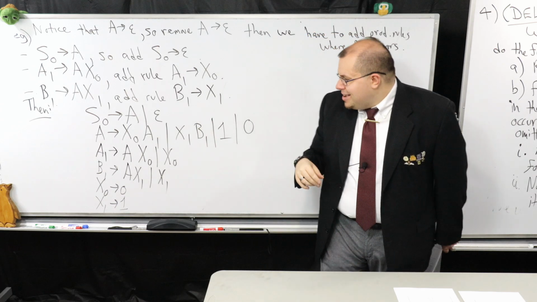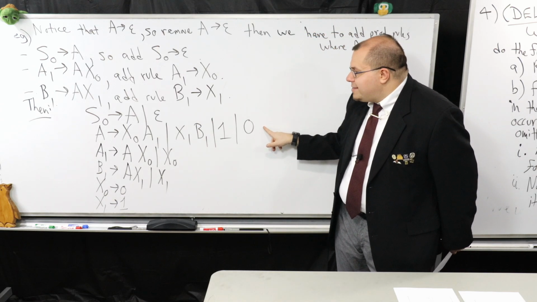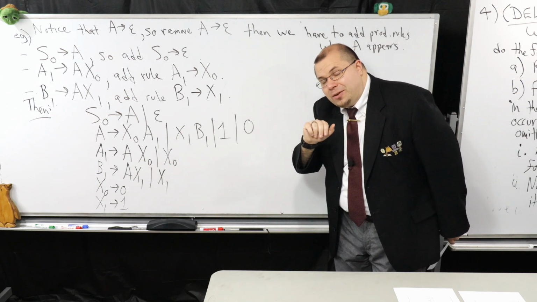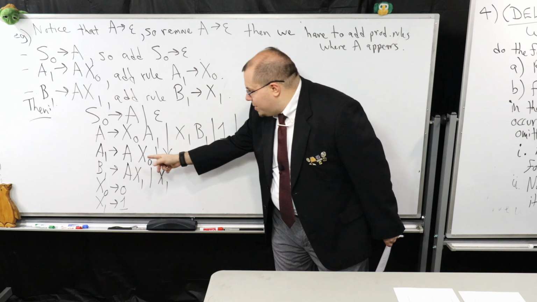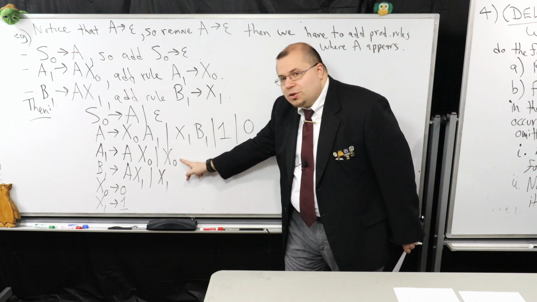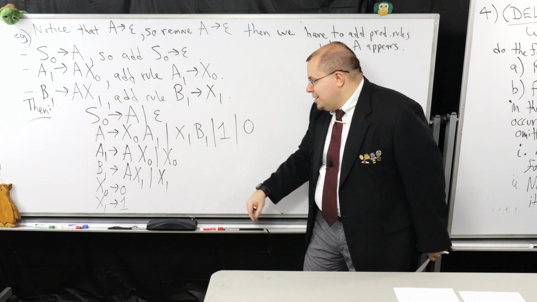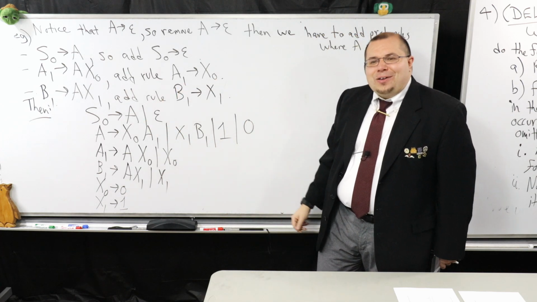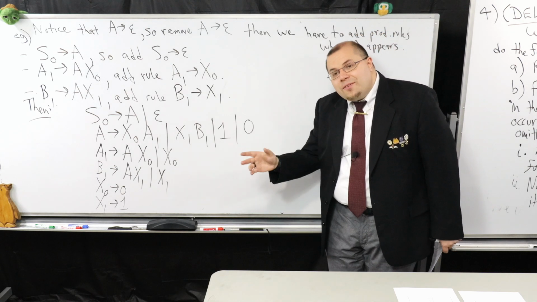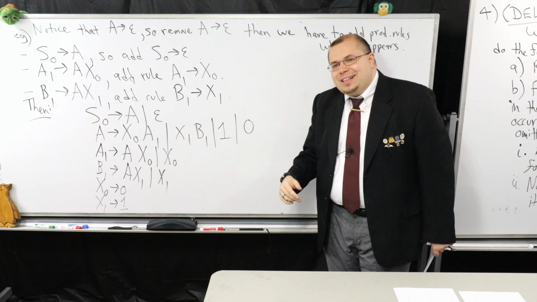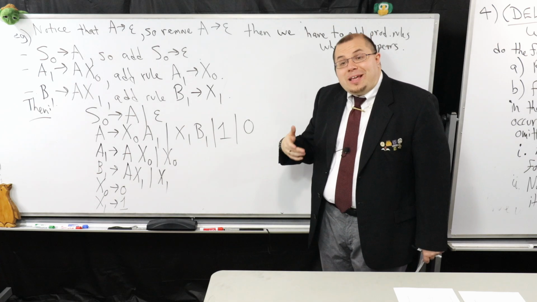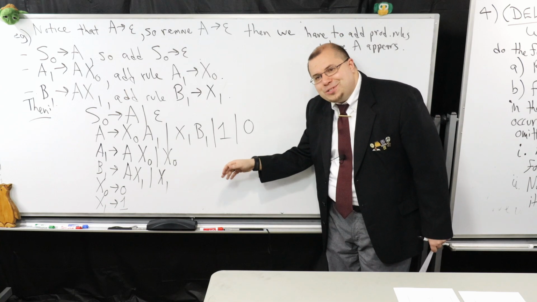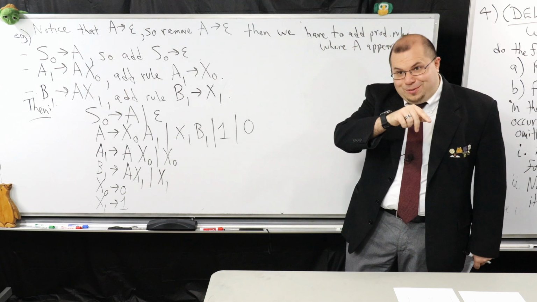Because the epsilon isn't here, I need some way when I apply A, which is why I look at all occurrences of when A appears. Whenever A appears, I include the version without the A, just like I do right here. Every single one of them, by omitting that one symbol, I'm basically simulating the epsilon by getting rid of it. I've introduced the option where the epsilon would have been.